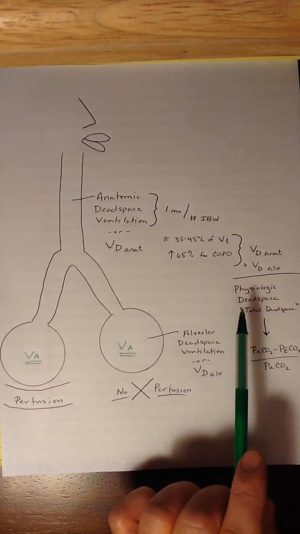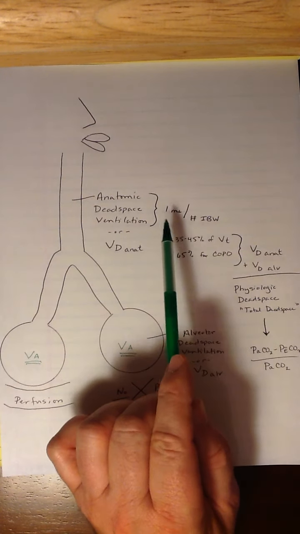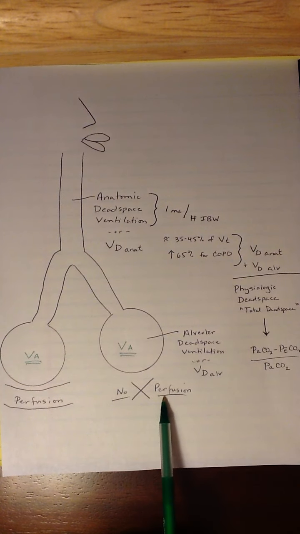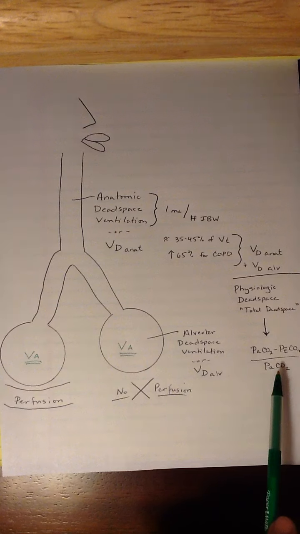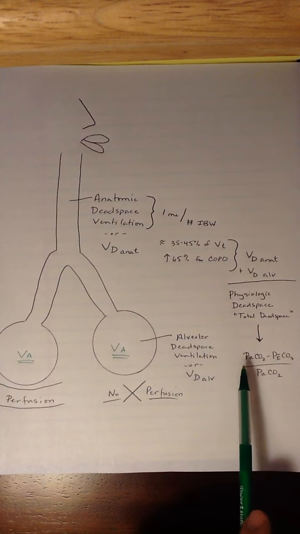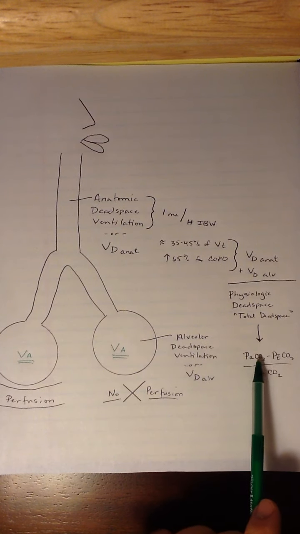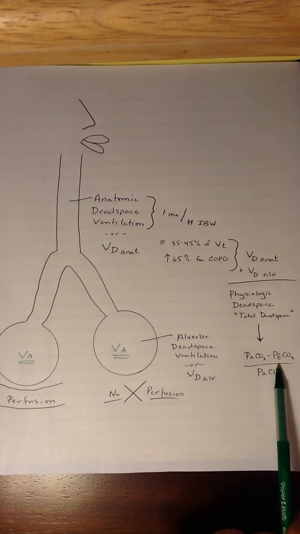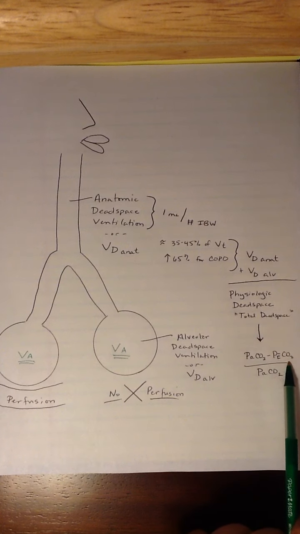To determine physiologic dead space, we can't take this 1 mil per pound because now we're having to incorporate the amount of alveolar dead space. We actually have to use an invasive measurement, PaCO2. And from our invasive PaCO2 value, we can subtract our PeCO2.